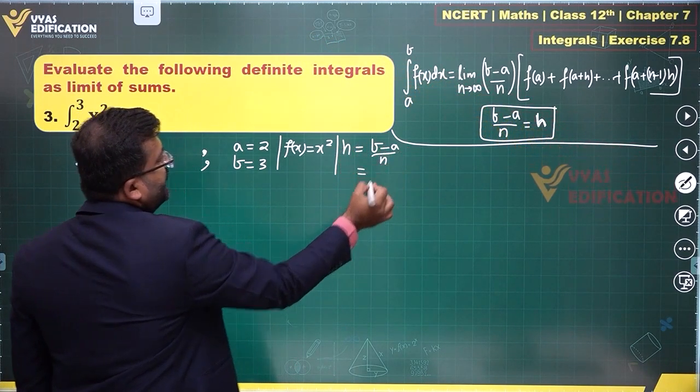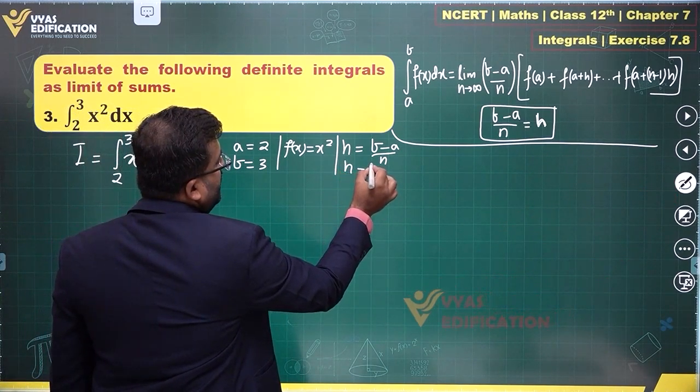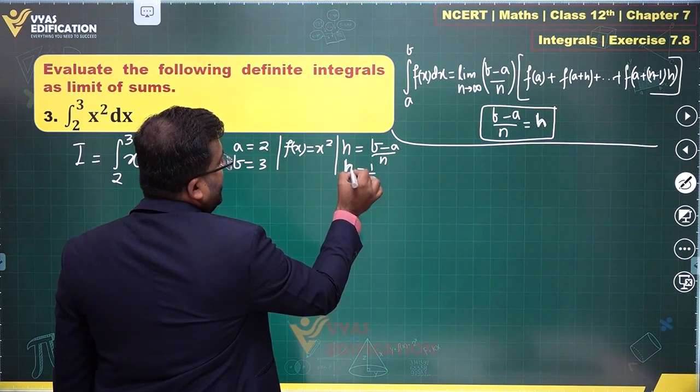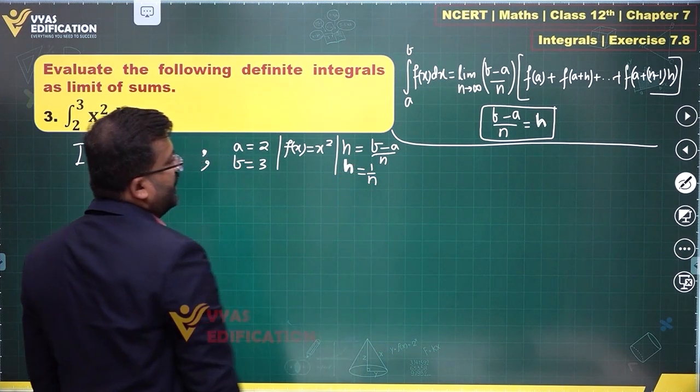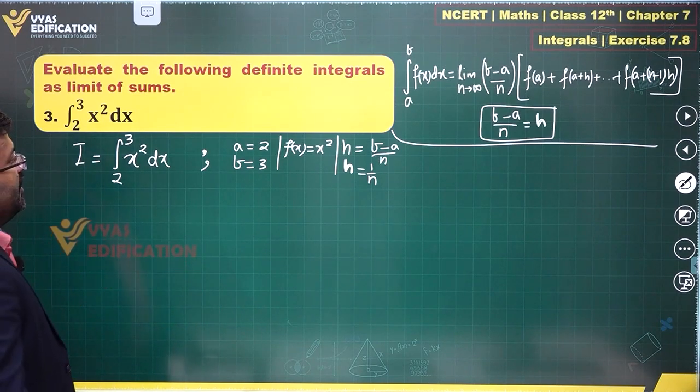What is that equal to? b minus a is 3 minus 2, so h is equal to 1 upon n. That's what you observe over here. Is that okay? Yes? Okay.